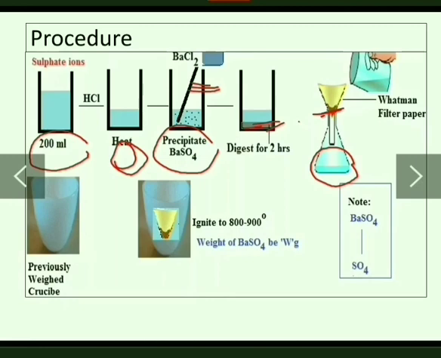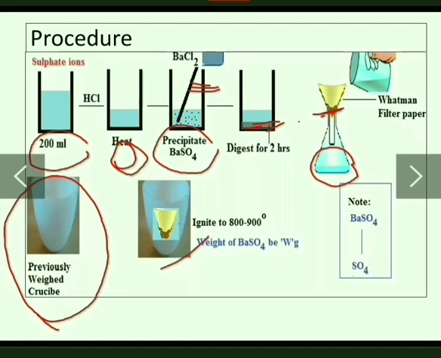Then we have to take a previously weighed silica crucible. The weight is known for us. Next, this filter paper along with the barium sulfate precipitate is transferred to the silica crucible and it is ignited to 800 to 900 degrees Celsius.